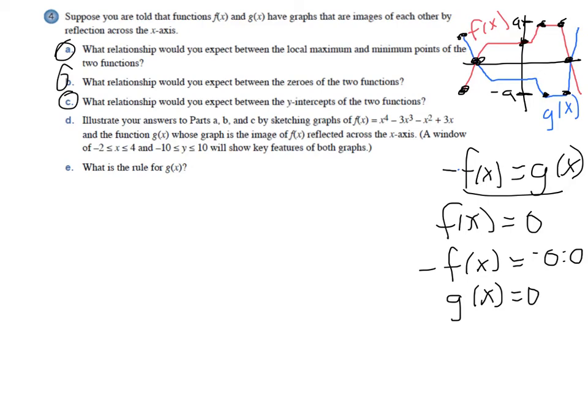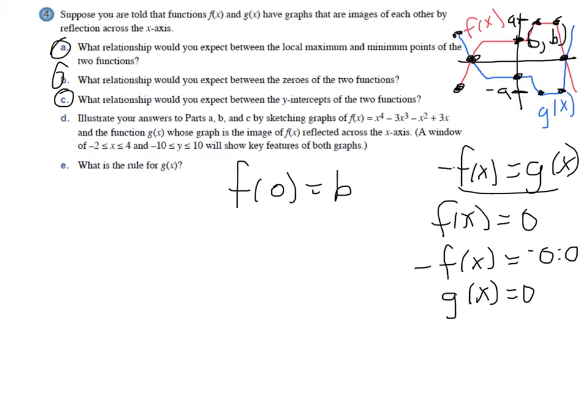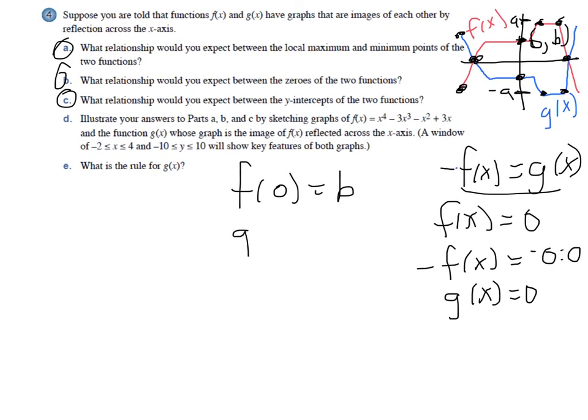Well, the y-intercept for f of x is going to be equal to a negative y-intercept in g of x, because if f of 0 is equal to b, so if f of 0 equals b, then g of 0 equals the opposite of f of 0 by definition, which is then equal by substitution to the opposite of b.